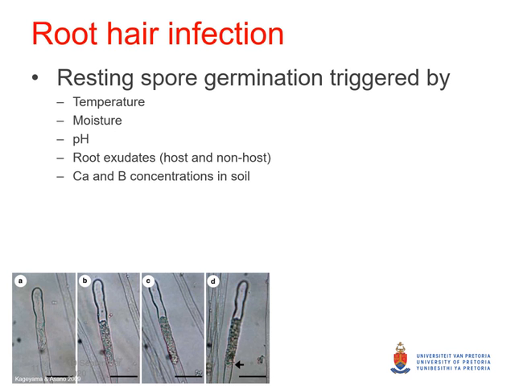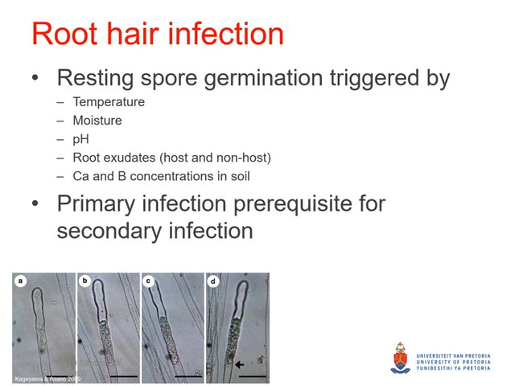Right, so resting spore infection is triggered by temperature, moisture, pH, root exudates both from hosts and non-hosts, and then the calcium and boron concentrations in the soil. This infection of the root hairs is a prerequisite for secondary infection. So if primary infection of root hairs doesn't take place, we do not find secondary infection taking place.